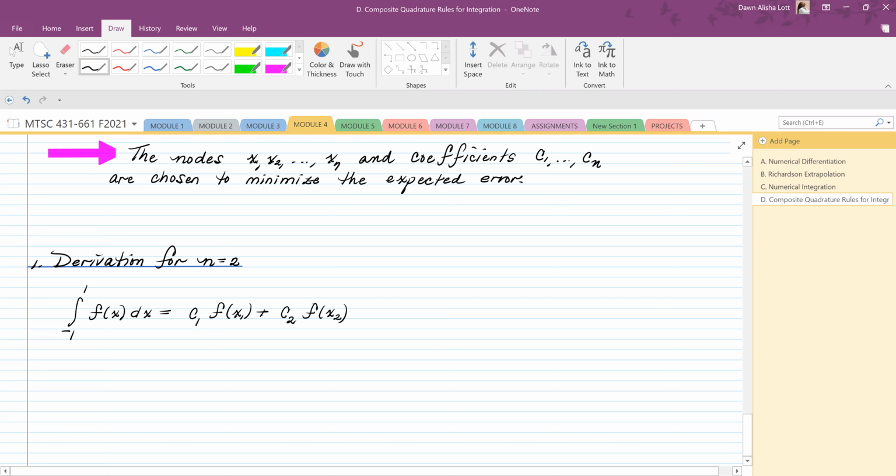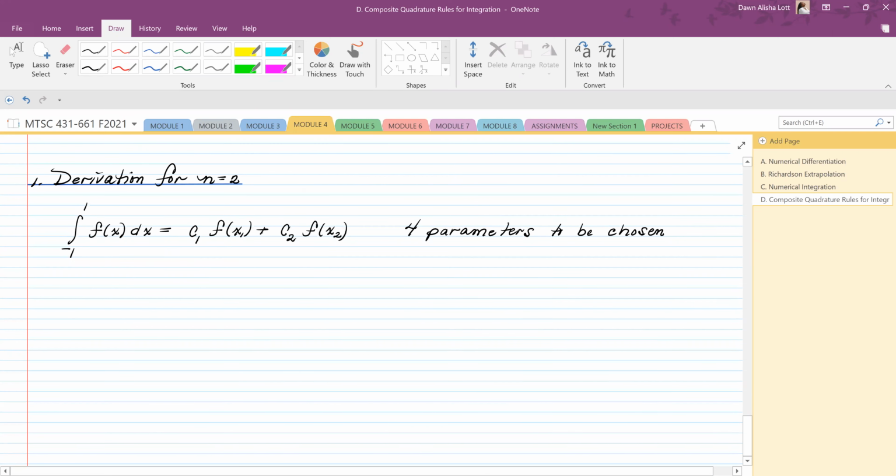Now, in this derivation, I have to find C1, C2, x1, x2. So there are 4 parameters to be chosen.